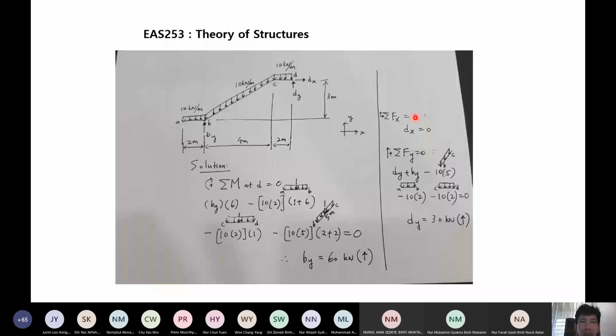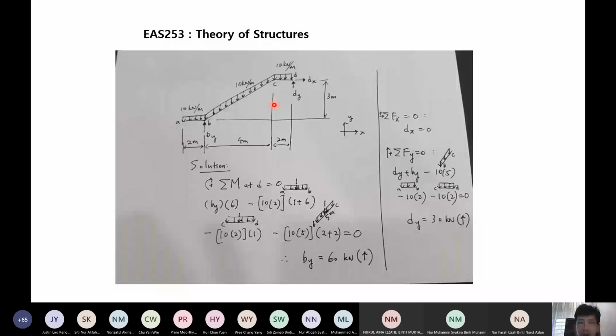And then finally, to find Dy, summation of forces in y, the third equilibrium equation. Taking going up as positive, Dy plus By, then minus the load equivalent to this UDL, uniformly distributed load.